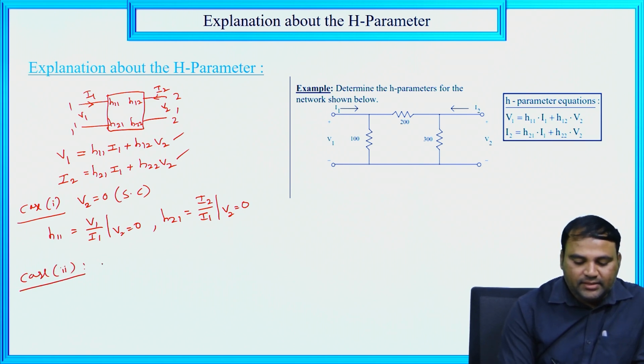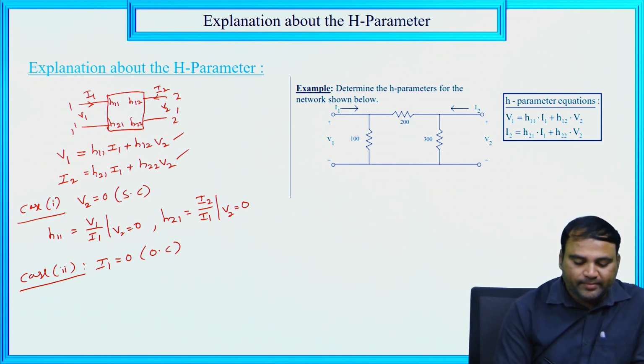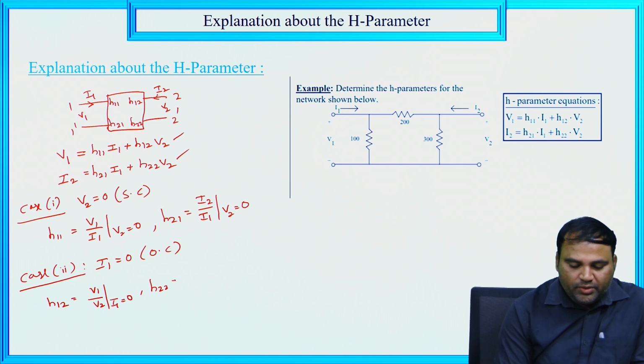In the second case, take I1 equal to 0, which means open circuit. I1 equal to 0 means we have to open circuit the given element. So if I1 is equal to 0, we get H12 equal to V1 by V2 when I1 equals 0, and H22 equal to I2 by V2 when I1 equals 0.